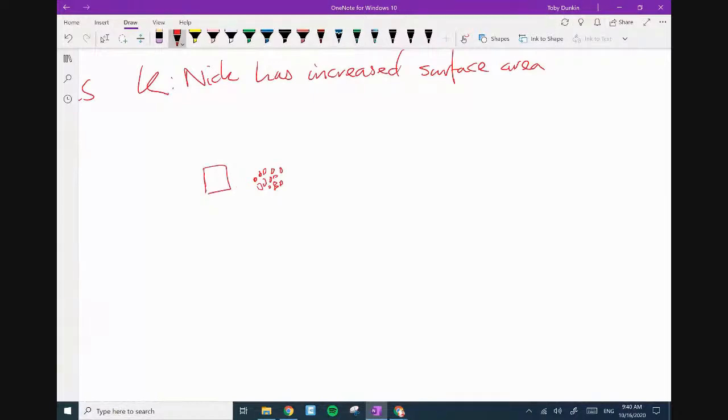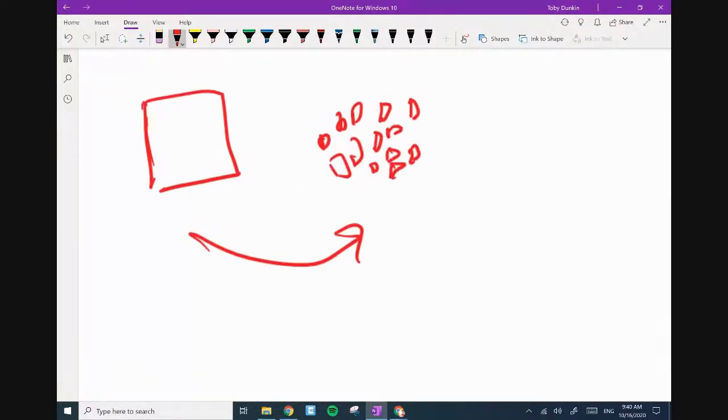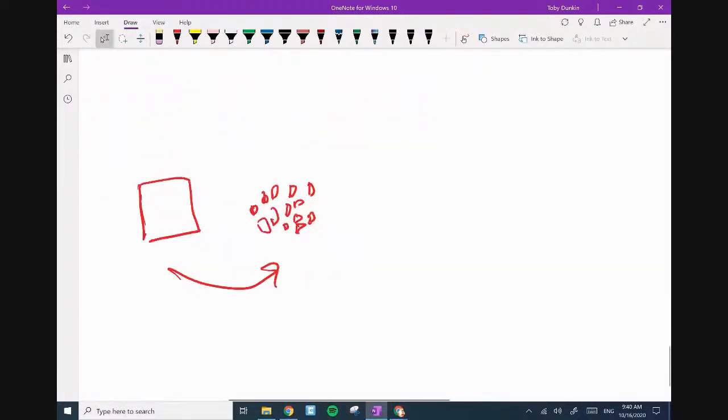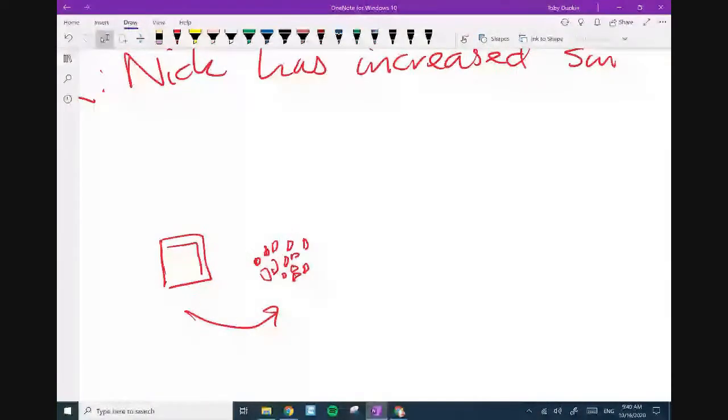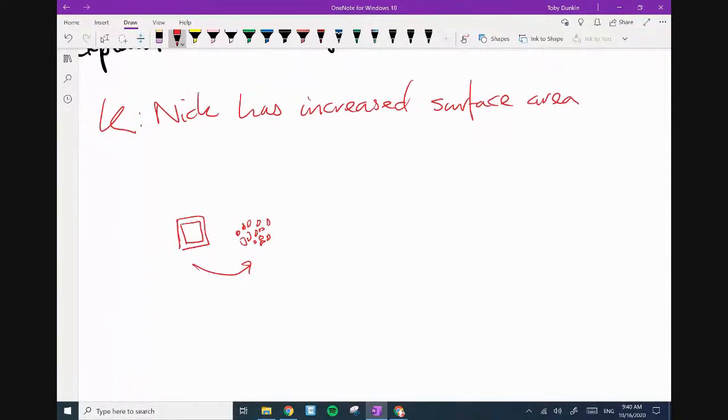So what's happening is he's increasing the number of particles that are available for collision, because inside the chip, all of these particles can't react because they're not available. They're protected by the outside, whereas now they're not. So Nick has increased surface area, more particles are now available for collision.